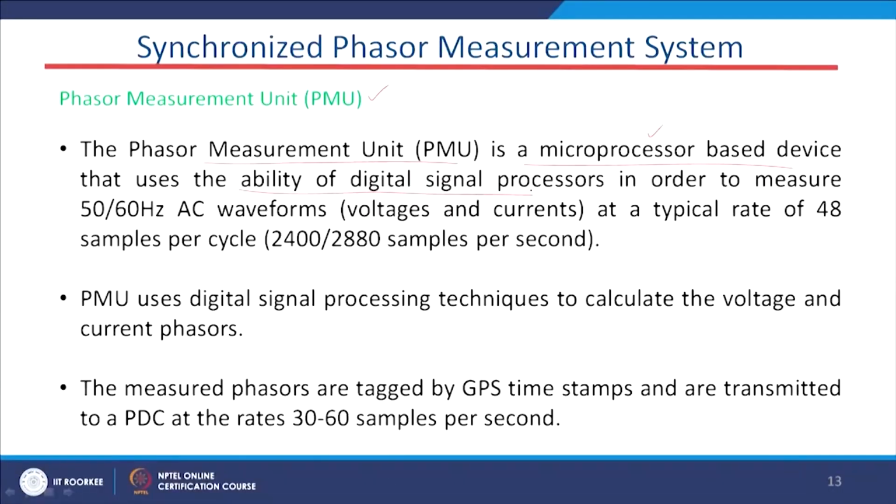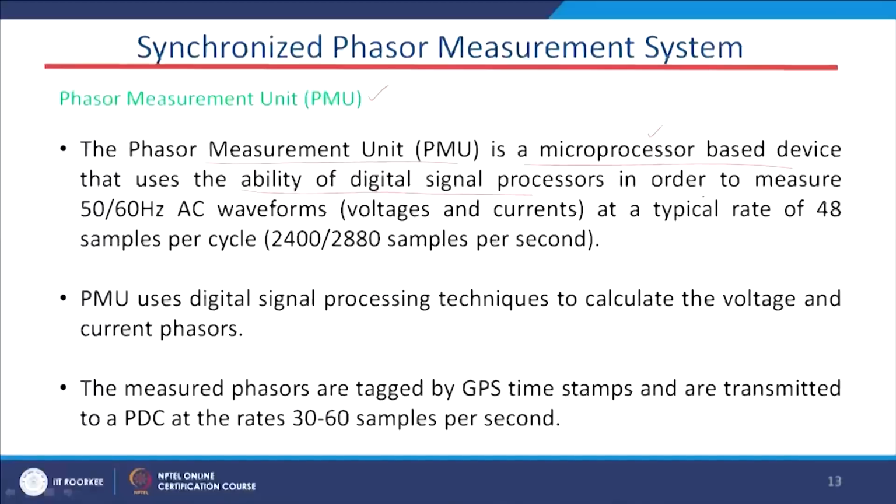Inside it we can have different types of algorithms and signal processing techniques which help us calculate the phasors of the voltage and current, and if we improve the algorithm, it can also provide the harmonics of the voltage and current signals.